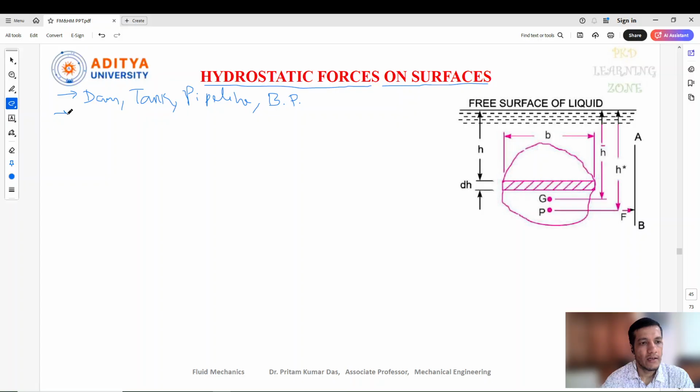It is divided into four types. The first one is the vertical plane surface submerged in liquid.